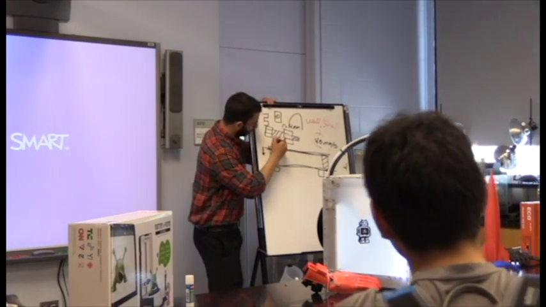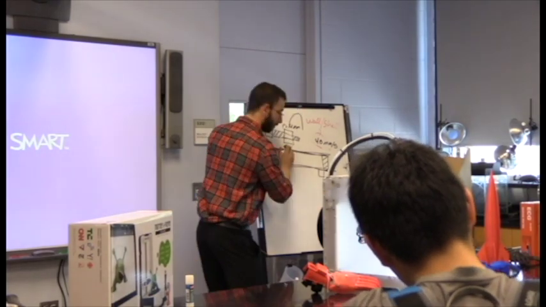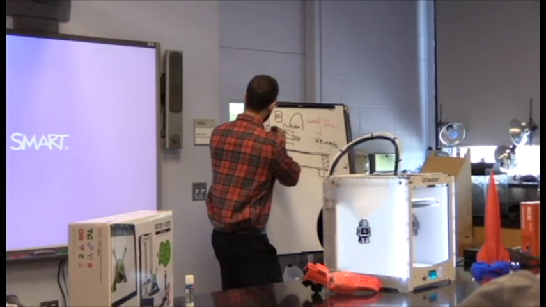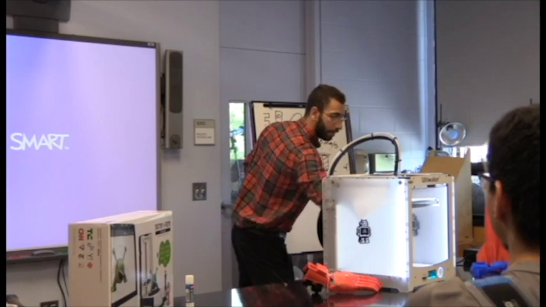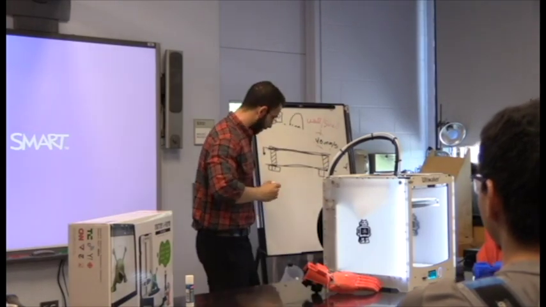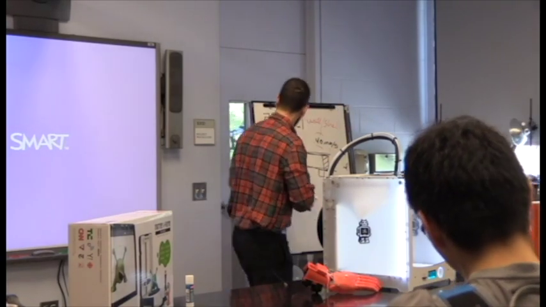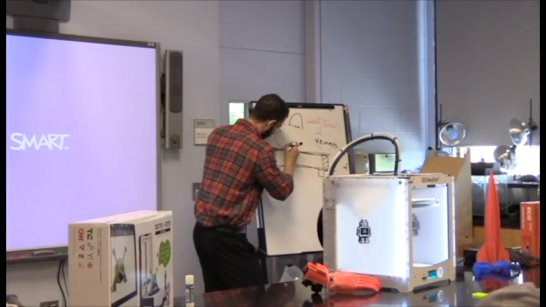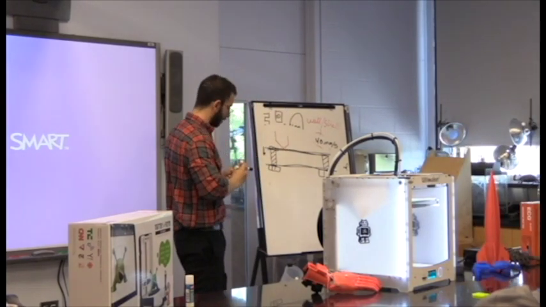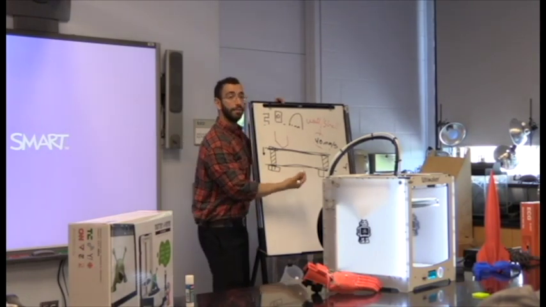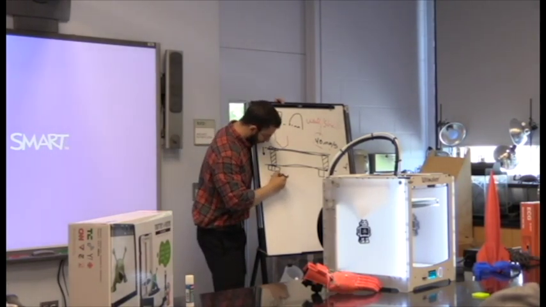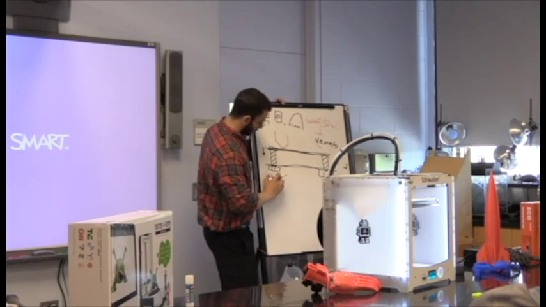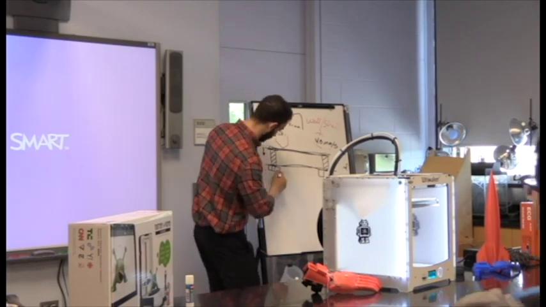So whenever your nozzle is up here, let's say this is my bed, and I have my nozzle here. As I tighten to the right, let's just go to tighten.